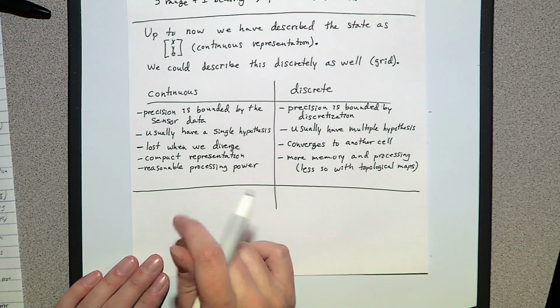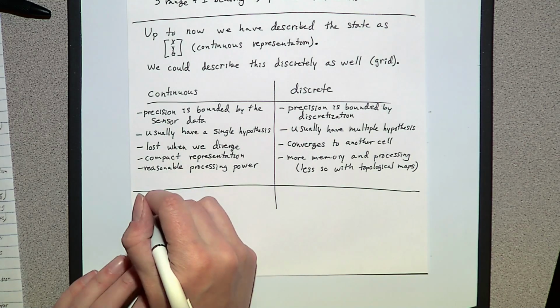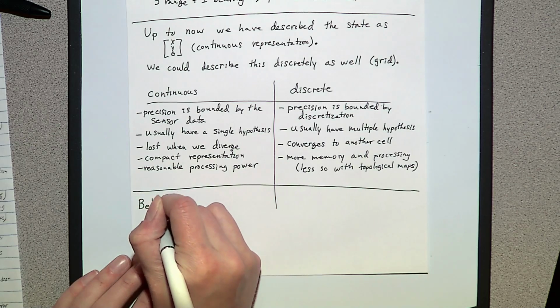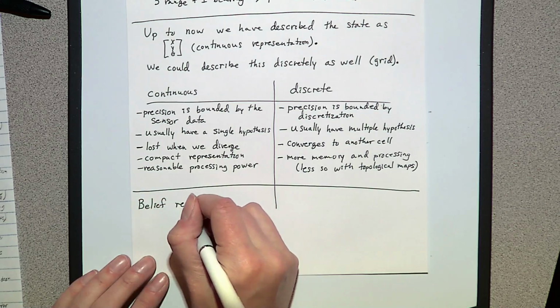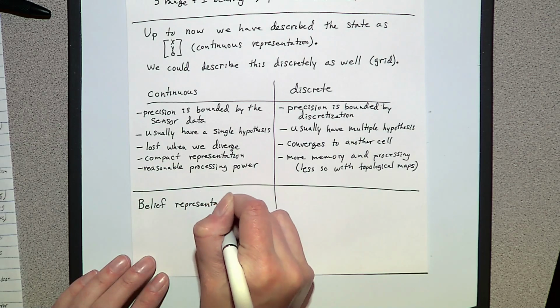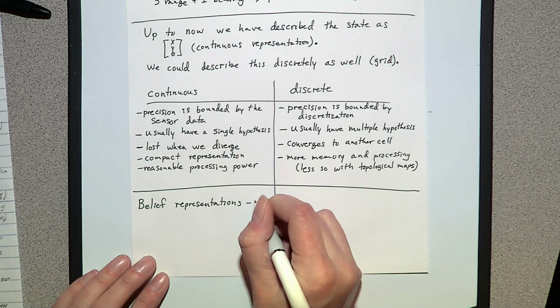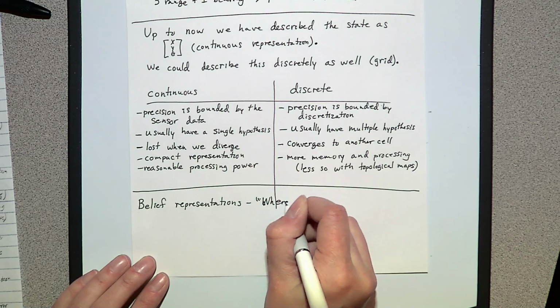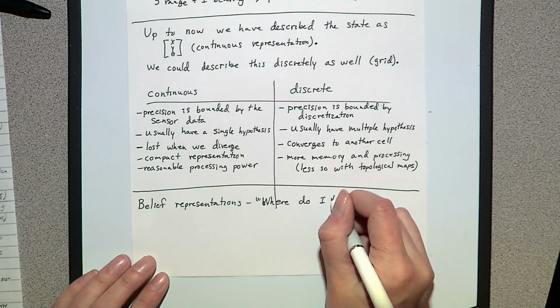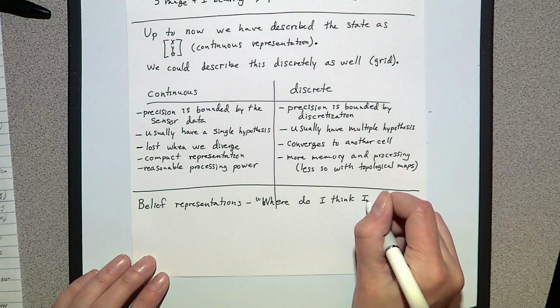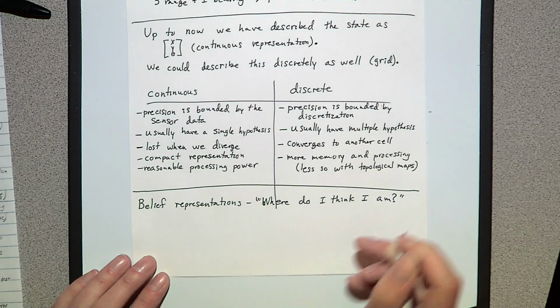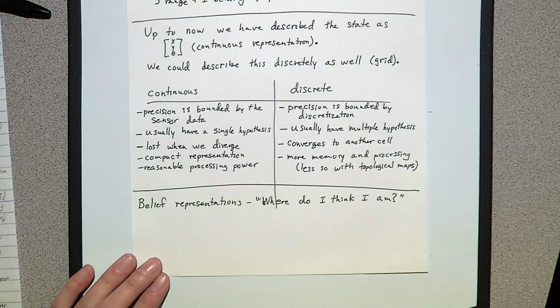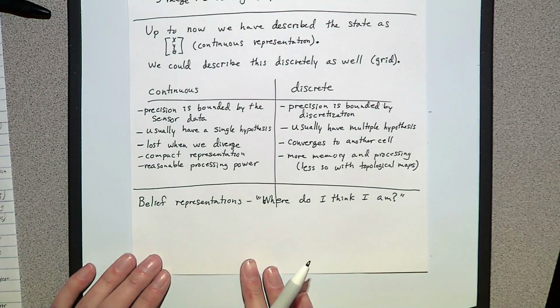So the way that we describe where we are, what we call belief representations, is basically where do I think I am? And so that's where this hypothesis term comes in.